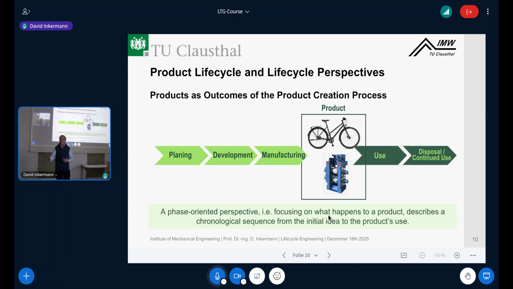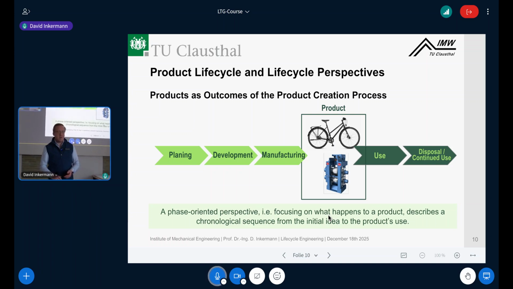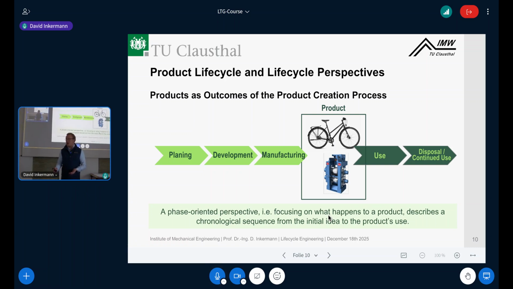And then, based on this product, you enable a use phase, and you also have maybe a maintenance phase, but also disposal and continued use afterwards. So a bicycle, for instance, you will not run only this life cycle, but you can hand it over to your friend or sell it to another person, and then it's a next life cycle. And this very phase-oriented perspective is then focusing on what happens to the product, yes?